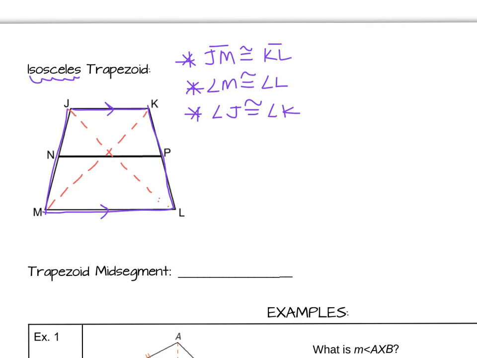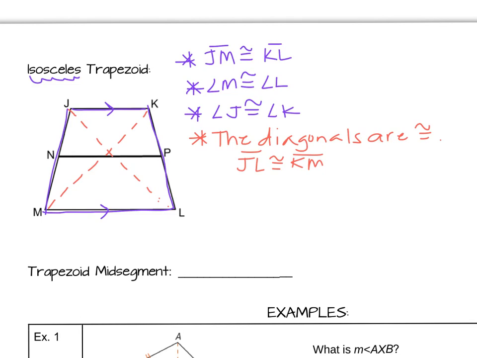And guess what? Those diagonals are also congruent. Lots of information here. So that would mean segment JL is congruent to segment KM. So that's important to know.